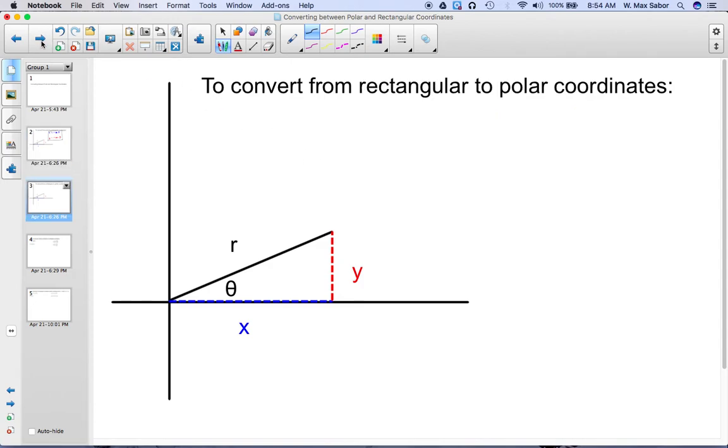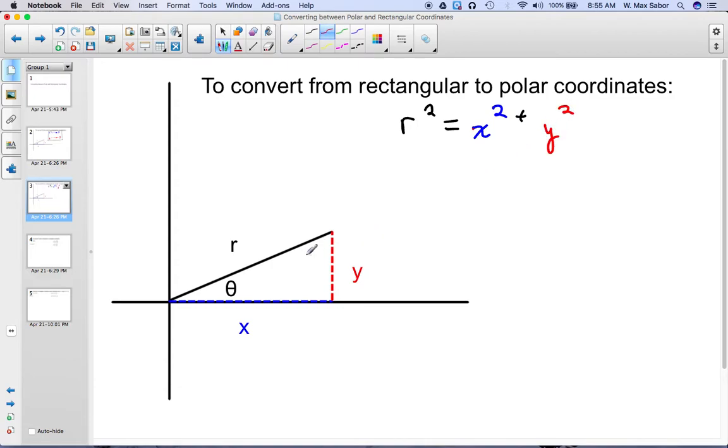If we're going the other direction and trying to find r and theta given x and y, how do we find r? Well, r is related to x and y by the Pythagorean theorem. So r squared equals x squared plus y squared.